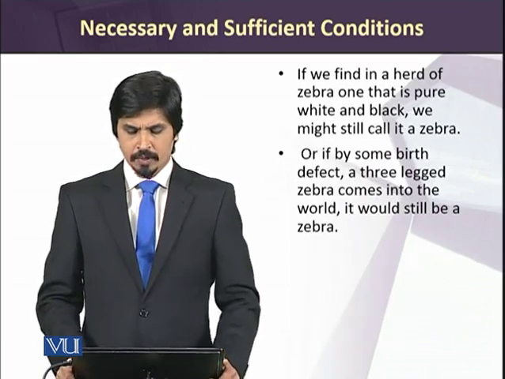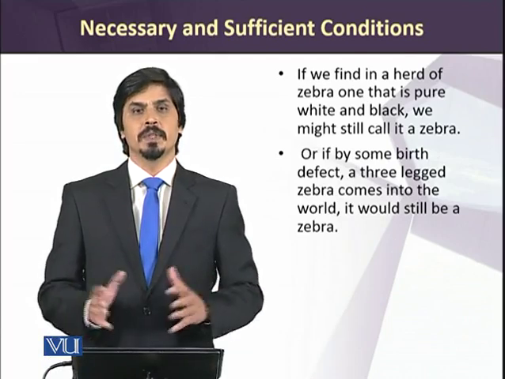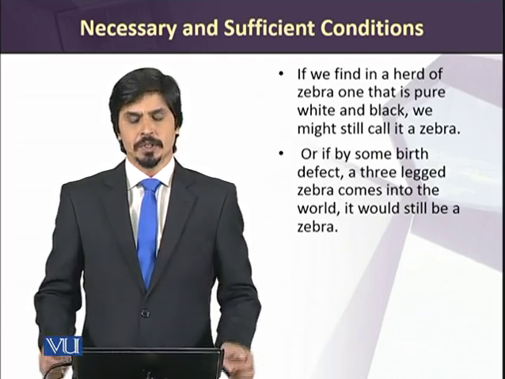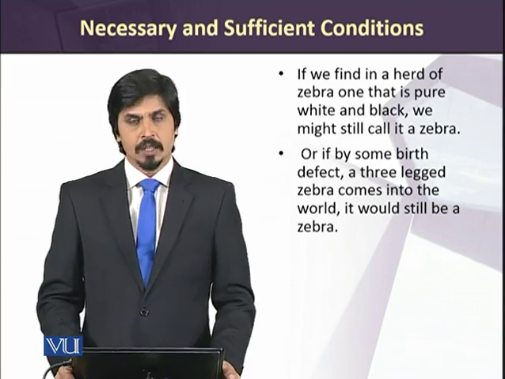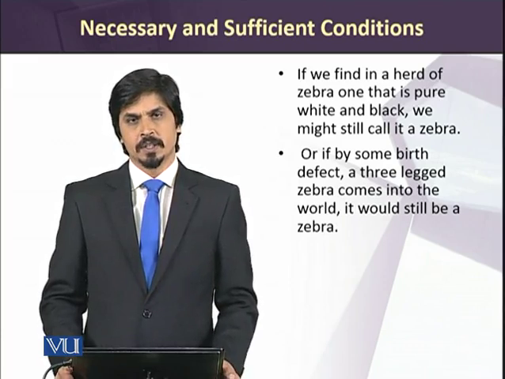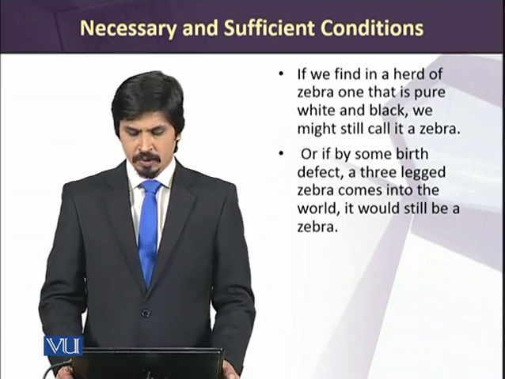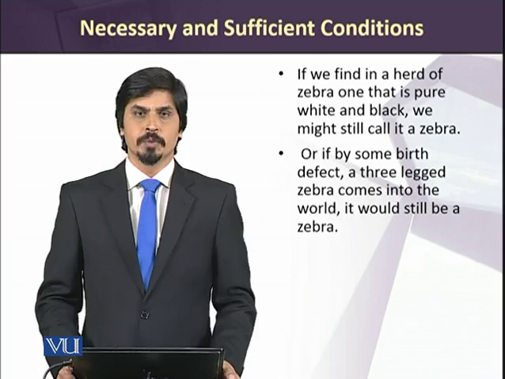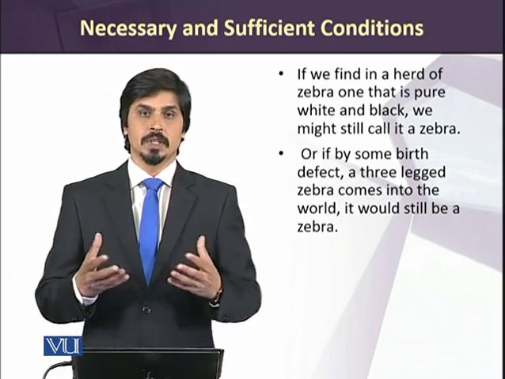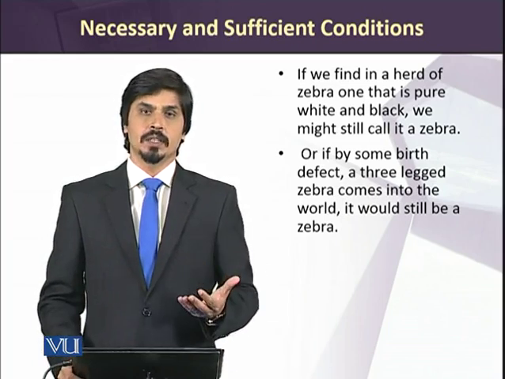But if we move forward, we find that there could be some difference in conditions in various situations. For example, if we are looking at a herd of zebras, we might find a zebra who is white and black, and we might still be compelled to call it a zebra, because in other features it will look like a zebra.